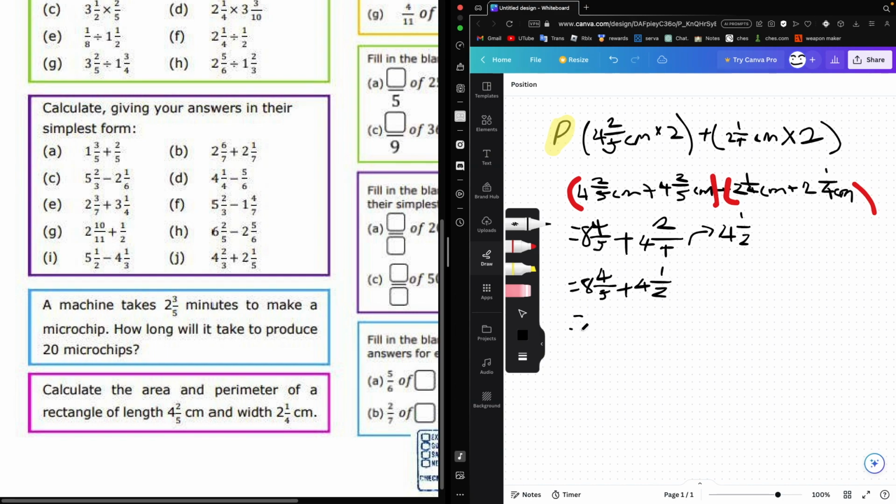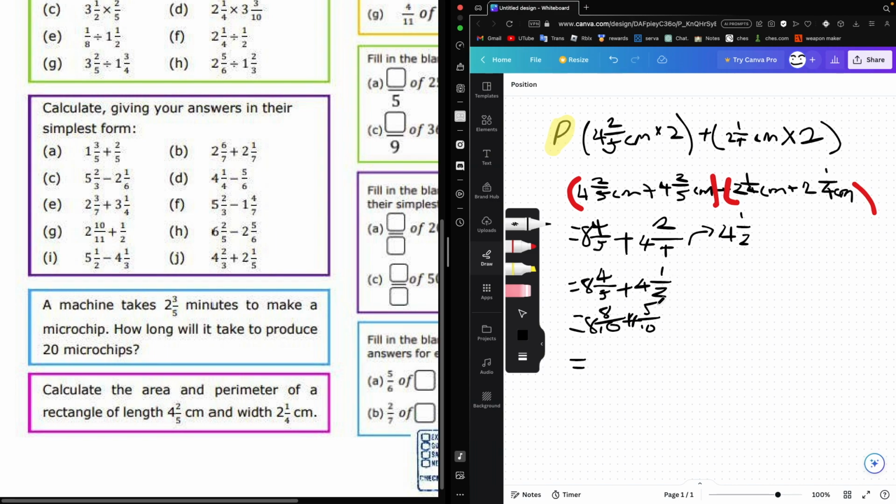Okay, so now we got 8 and 4 over 5 plus 4 and 1 over 2. Easy. Now we make the denominator the same. So 5 times 2, 10. 4 times 2, 8, plus 4, wait, what? 2 times 5, 10, what am I doing? And 1 times 5, 5.